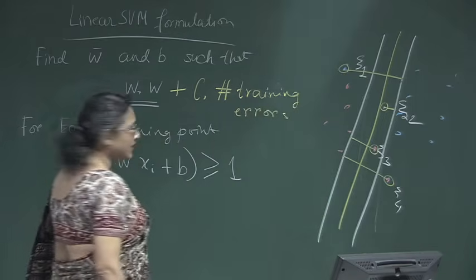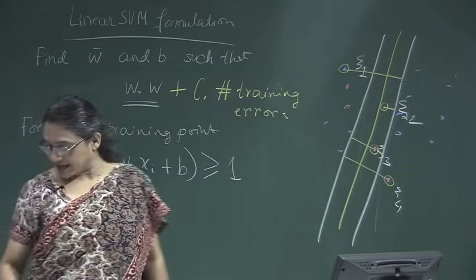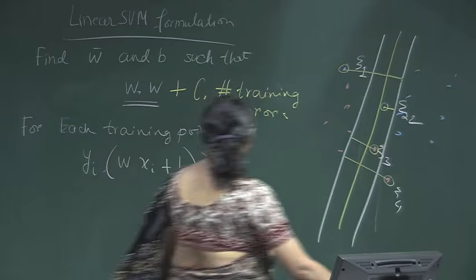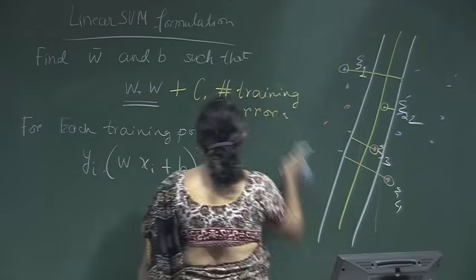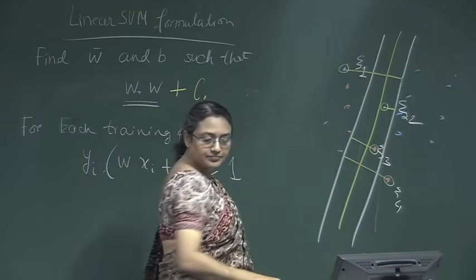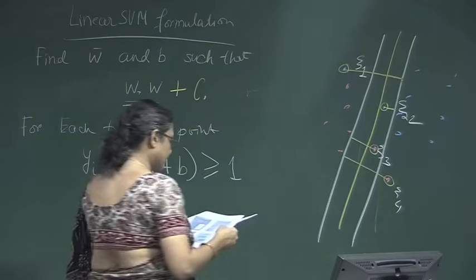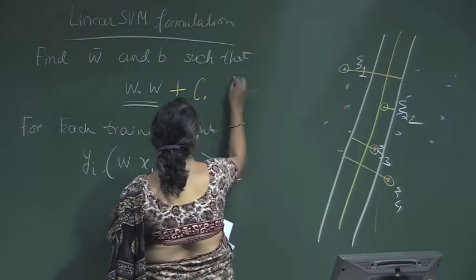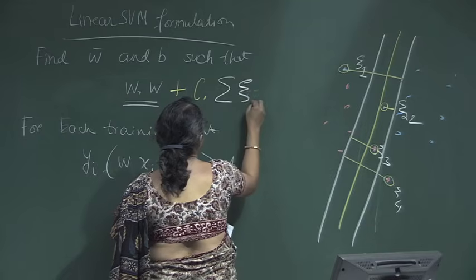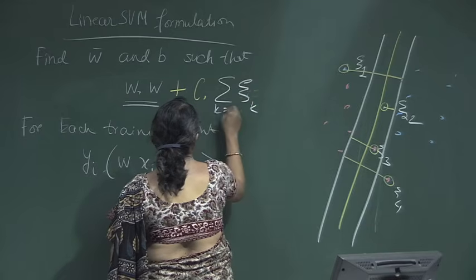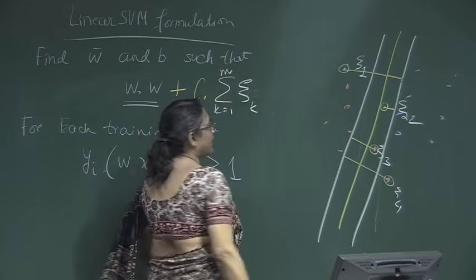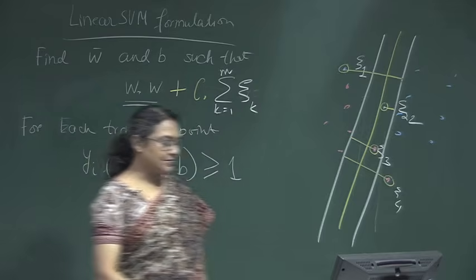Now, we can rewrite our objective function as w dot w plus C times the sum of these penalty functions. So, we can write C times sigma xi k, k equal to 1 to m, where m is the number of training examples.